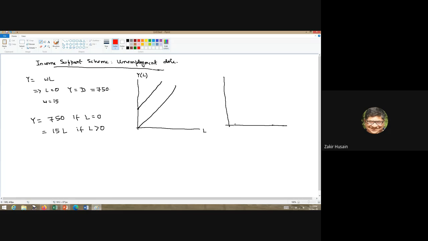At L equal to 0, what is Y? 750. Right? So this is the starting point.